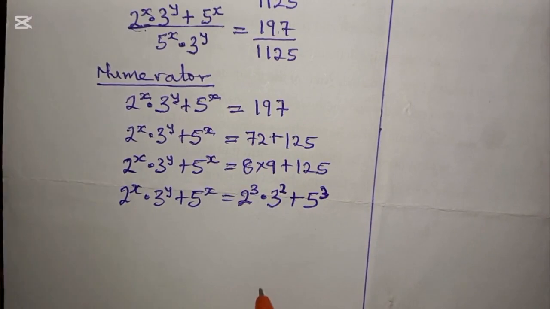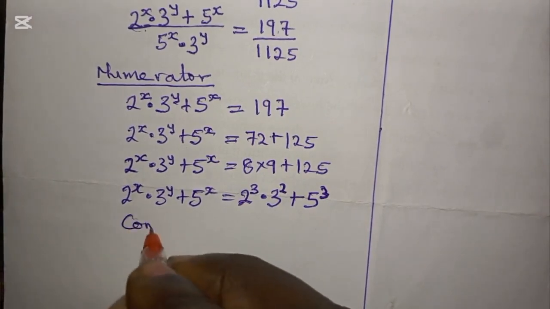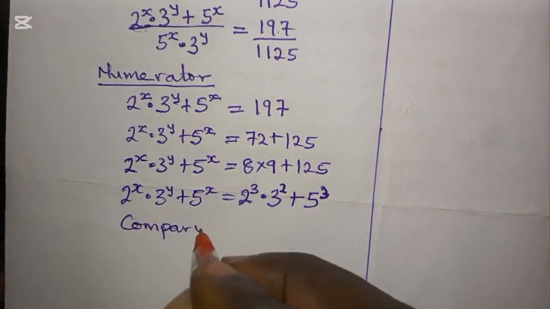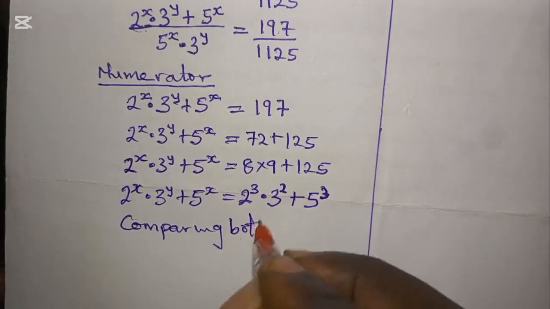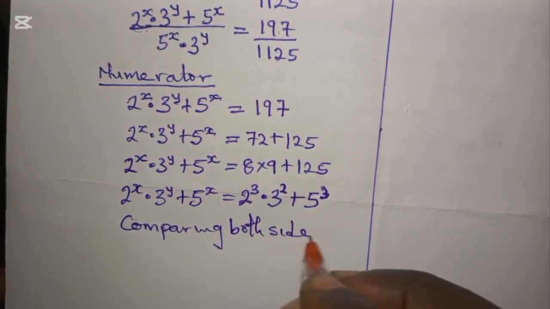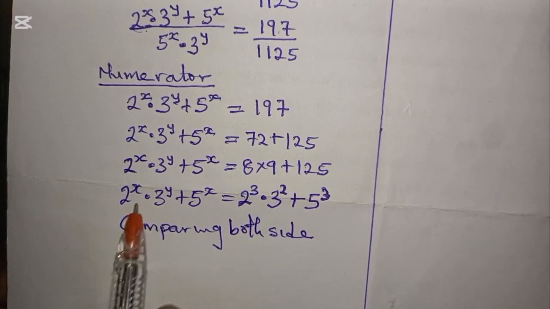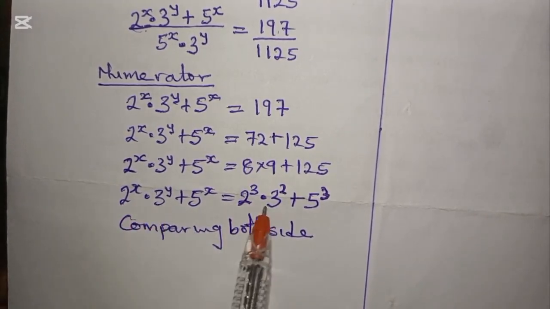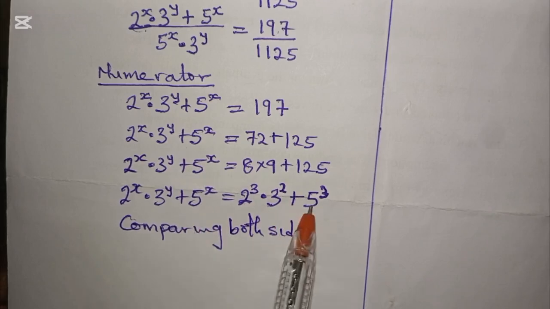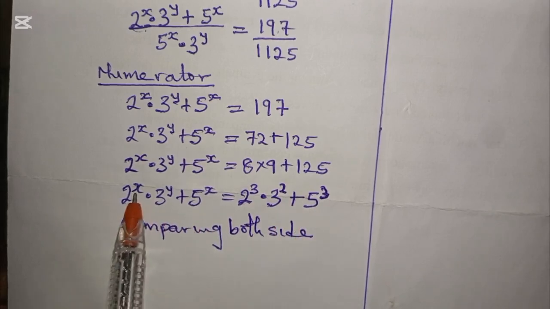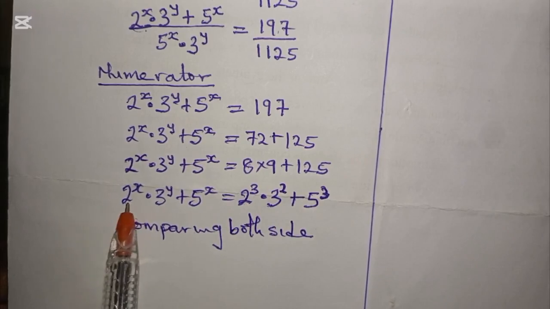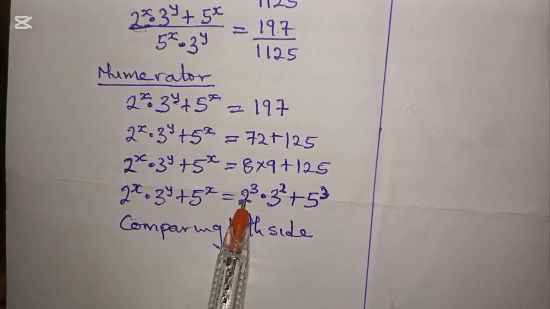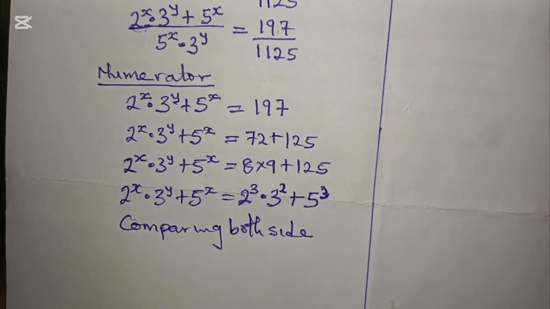Now, if you compare both sides, you notice that the base here is equal. This base and this base are the same. So if you check their index, 2 index x is the same as 2 index 3.